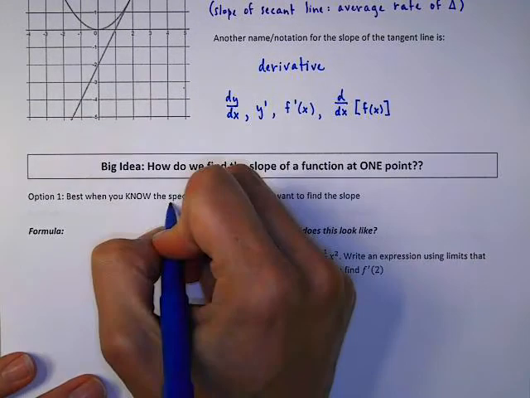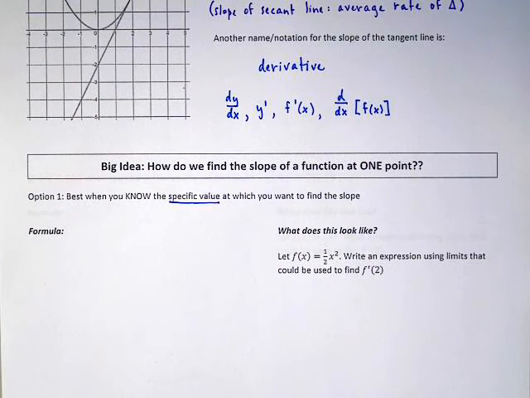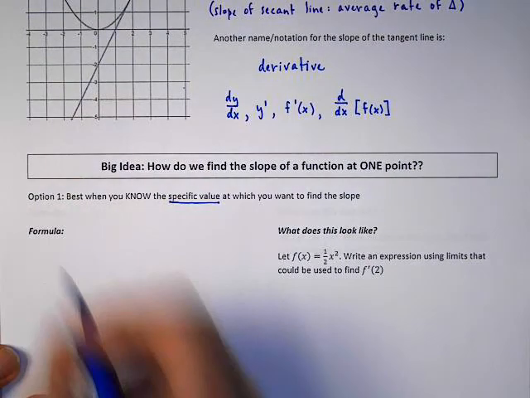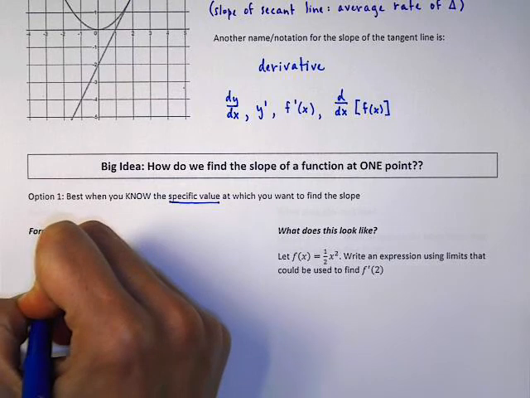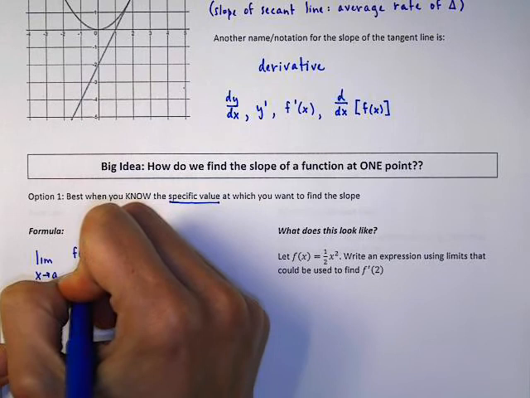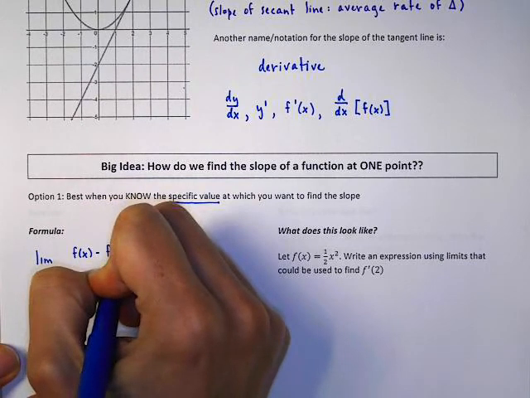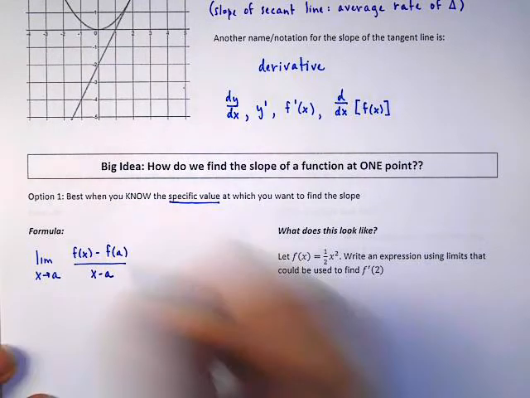So we're finding the slope at a specific value. Now here's what that formula is going to look like. The formula is going to be the limit as x approaches a of f of x minus f of a over x minus a.